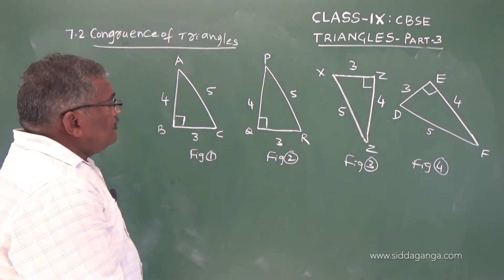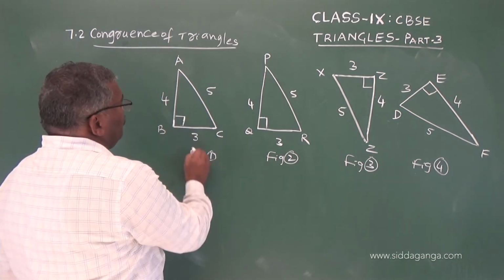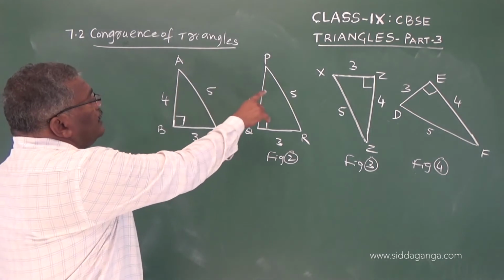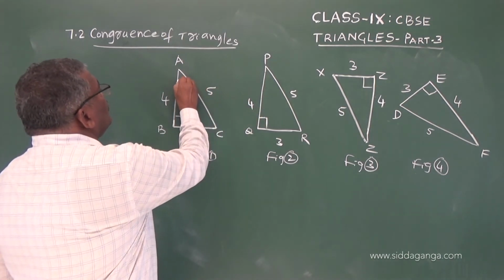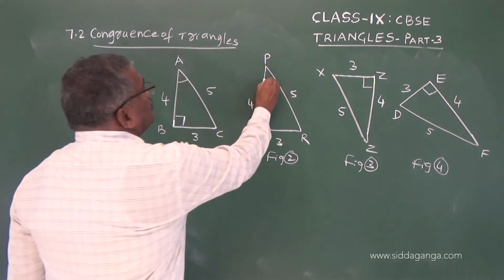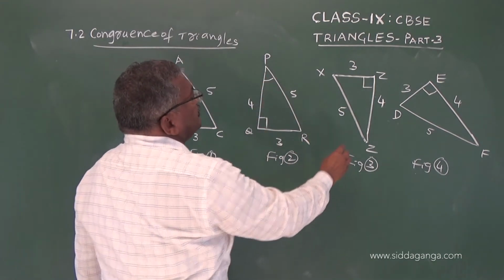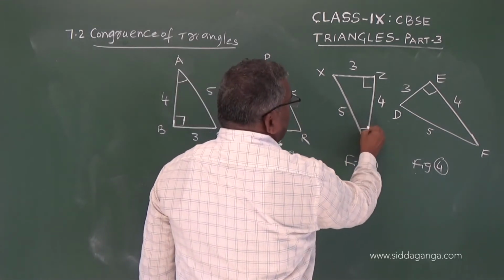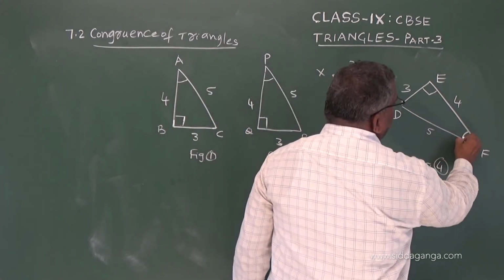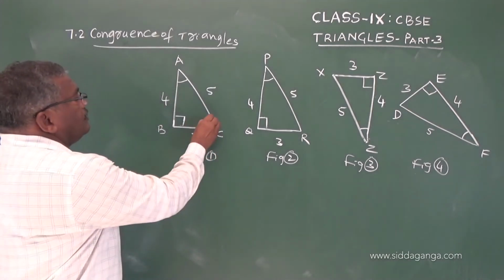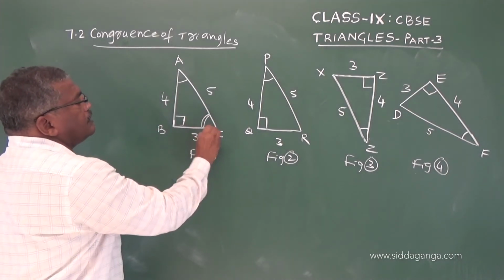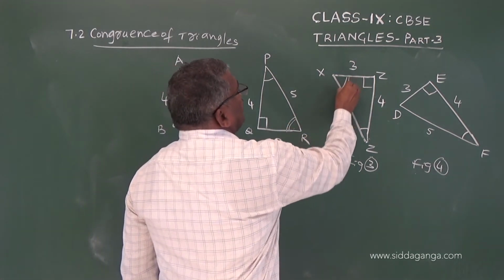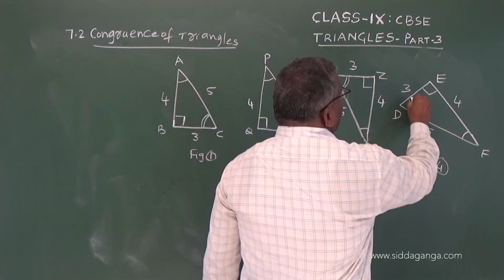So therefore, in all respects, if you observe figure 1 and figure 2, all angles are equal. So this angle will be equal to this angle, the next angle will be equal to this angle, and this one will be equal to this angle.